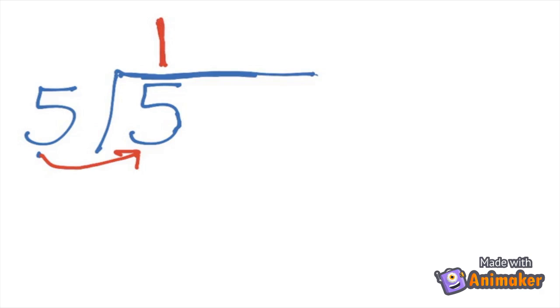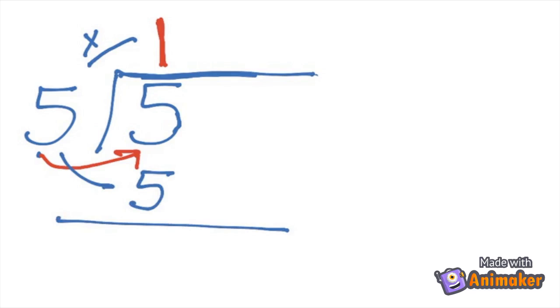All right? 1 times 5 is 5. I'm going to put that 5 here. Then I'm going to subtract. 5 from 5 is 0.